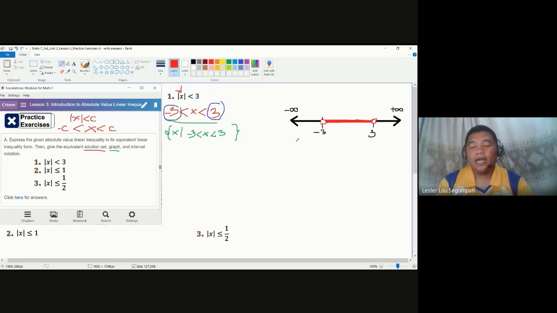And as with the linear inequalities without absolute value notations, we are going to include parentheses here because it's not included. Brackets for included, parentheses for not included, just to remind us of what our interval notation will be later on.